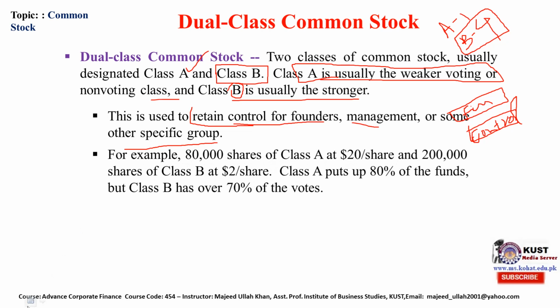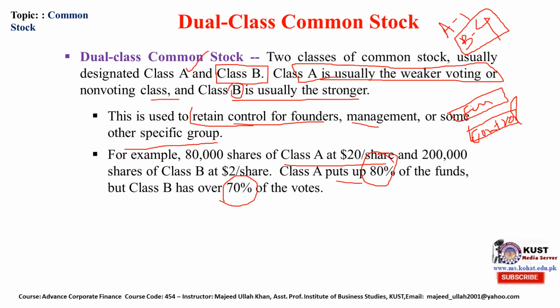Another example is 80,000 shares of Class A at 20 per share and 200,000 shares of Class B at 2 per share. Class A puts up 80% of the funds, but Class B has over 70% of the vote.